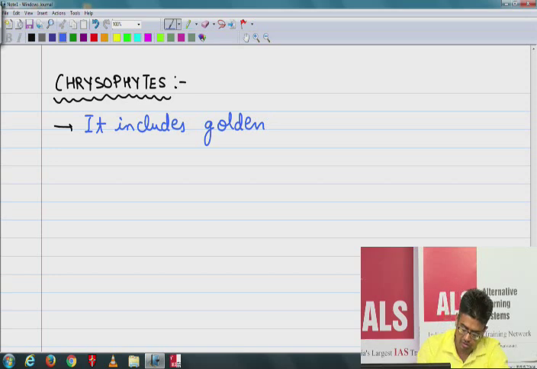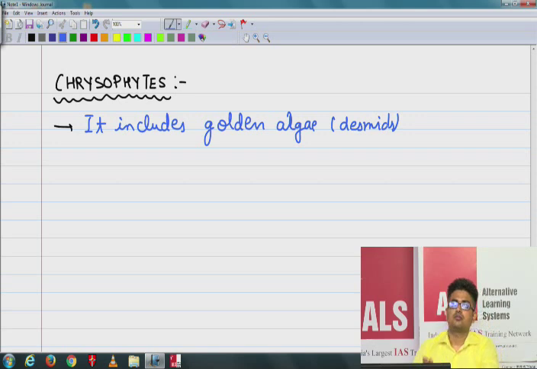Golden algae are called golden because they are slightly yellow-brown in color. Another name of golden algae is desmids. But please remember, desmids are very few in number, and the main population of chrysophytes is diatoms.